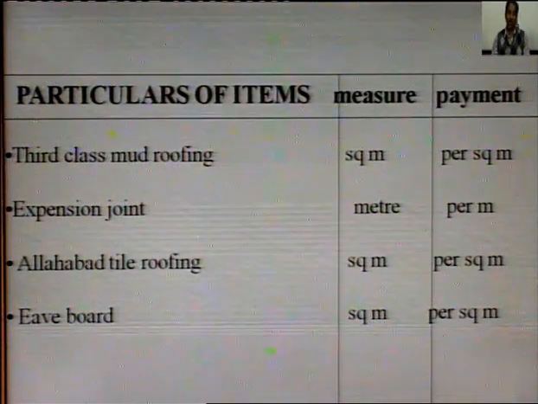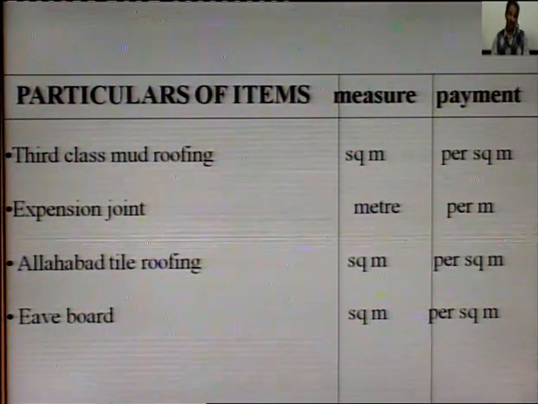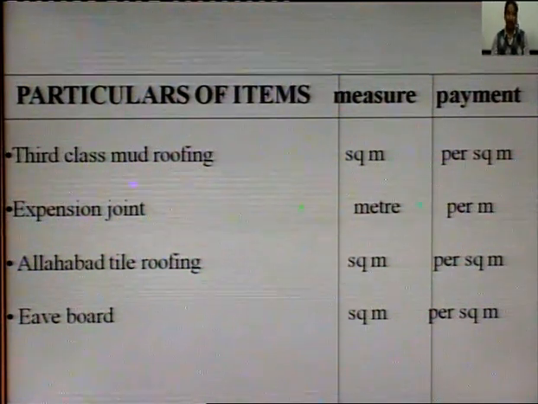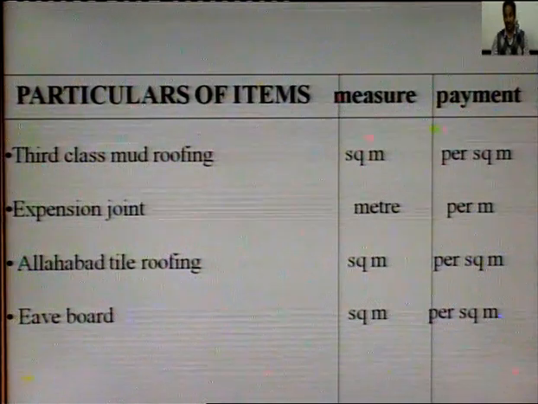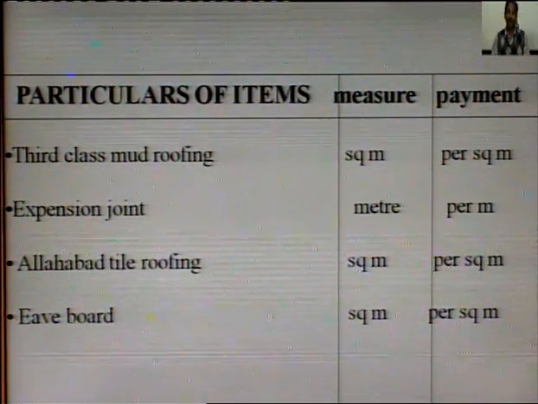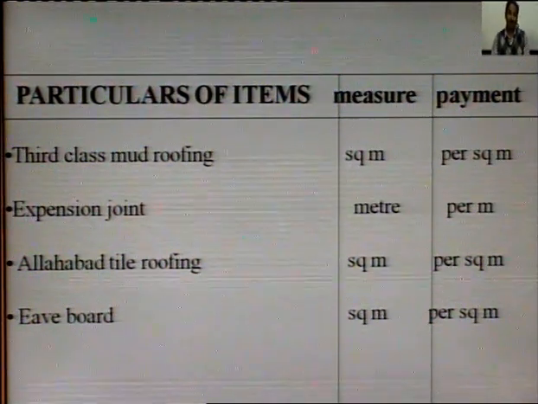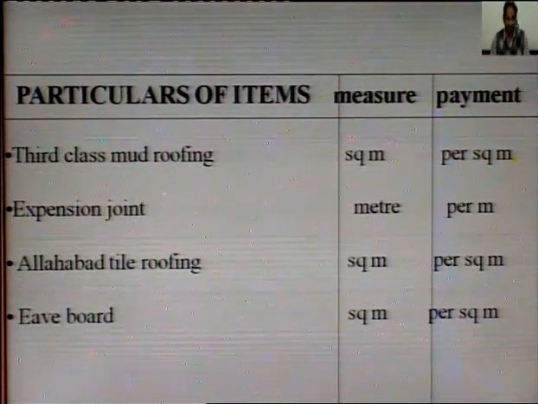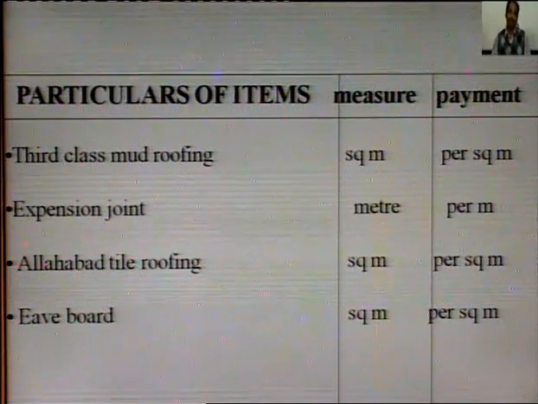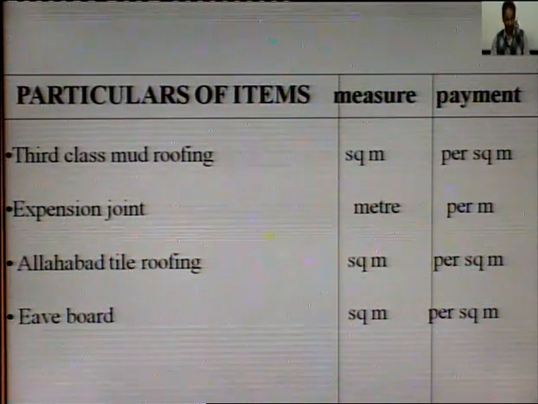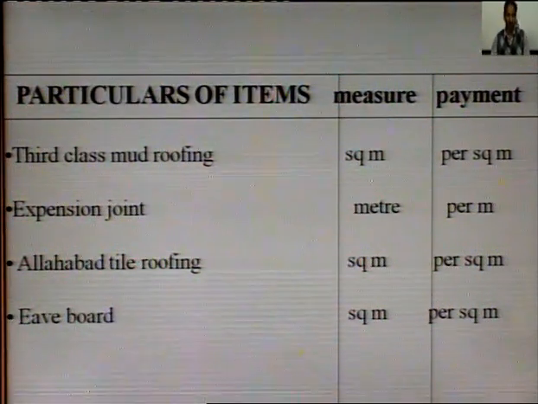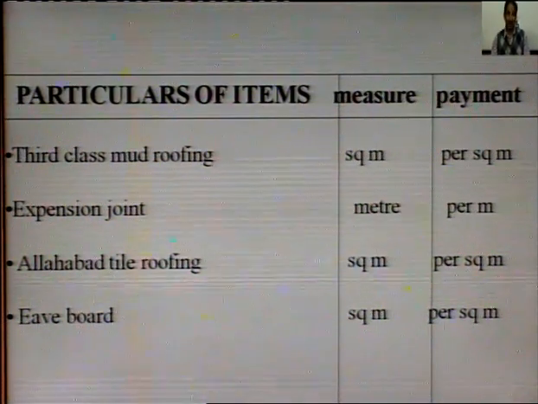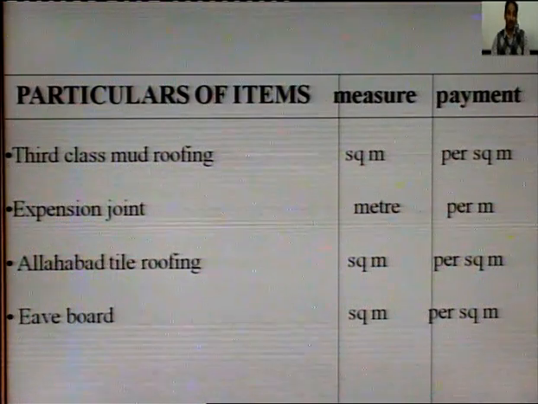So some contraction and expansion takes place in brickwork, glass work or any other RCC work. So an expansion joint must be provided. It is provided at 50 meter length or at 30 meter length in a building. An expansion joint of thickness 2 inch is provided in a building.